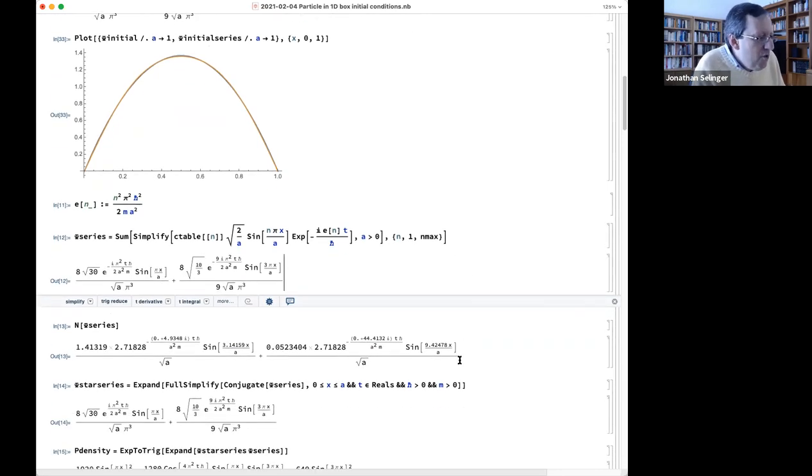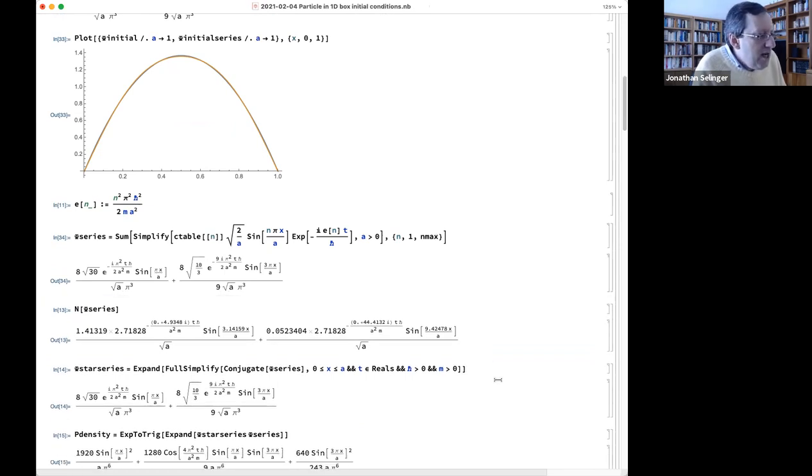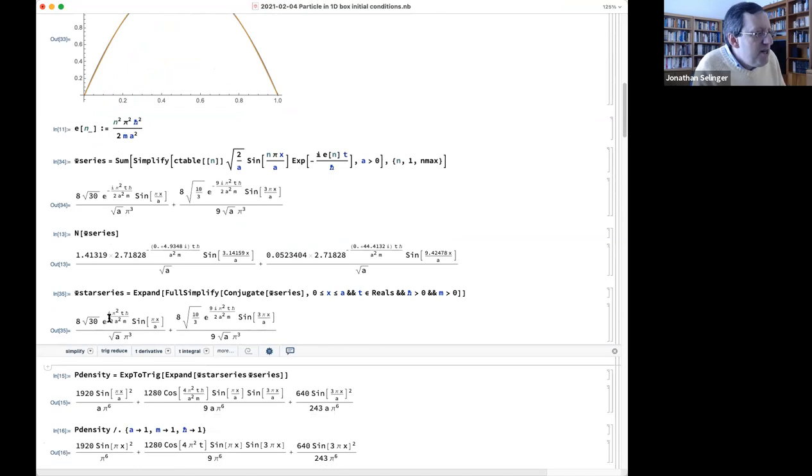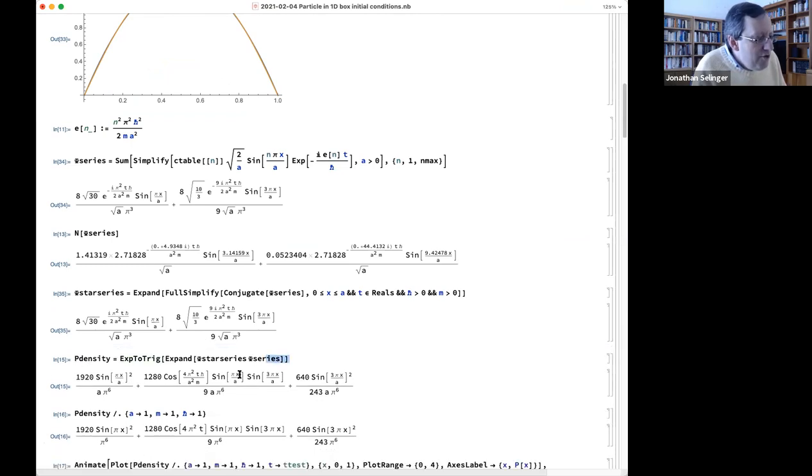So now let's do all of our usual steps. We've got the psi series. We can take the complex conjugate of that, which just means taking the negative i to positive i in the complex exponentials. Then we can multiply it out to get the probability density.